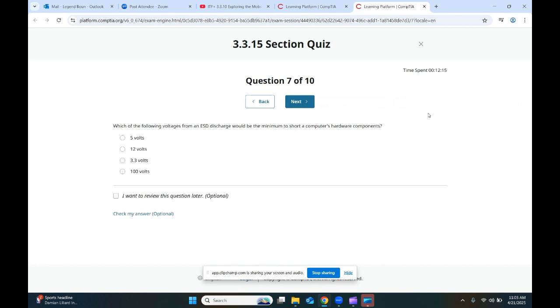Which of the following voltages from an ESD discharge would be the minimum to short a computer's hardware components? Honestly, I don't know this. I would think it's actually very little. So I'm going to hit 3.3 volts. I know some parts use 3.3 volts.